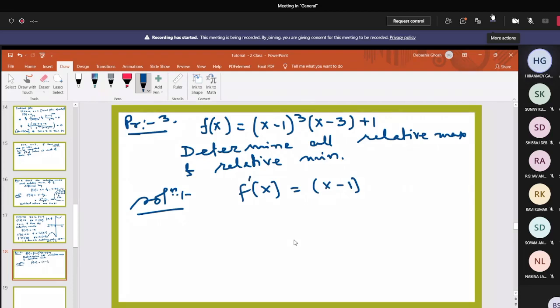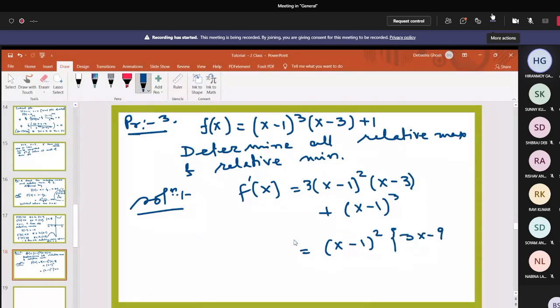F dash x is 3 into (x minus 1) square, (x minus 3), plus, as the derivative of x minus 3 is 1, (x minus 1) cube, plus 1 is 0. You can simplify by taking (x minus 1) square common, which gives you 3x minus 9 plus x minus 1.